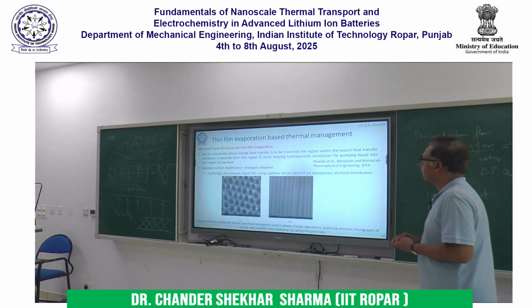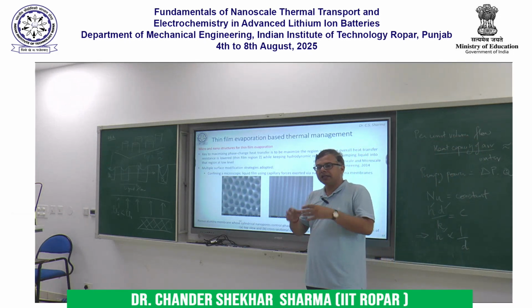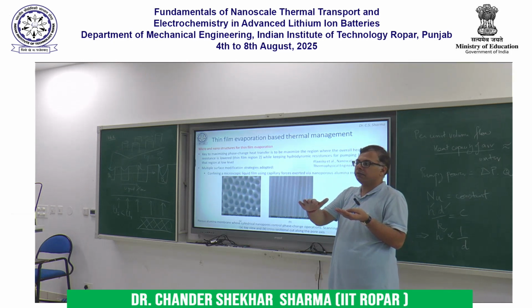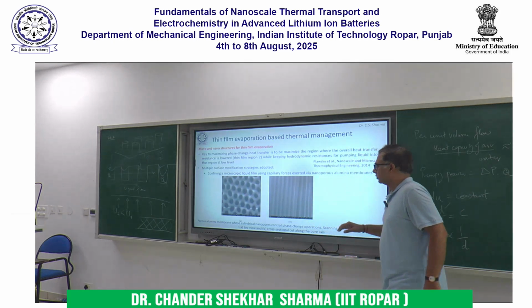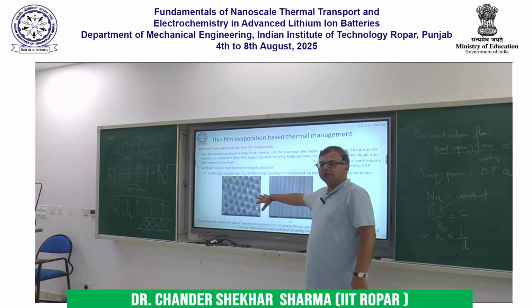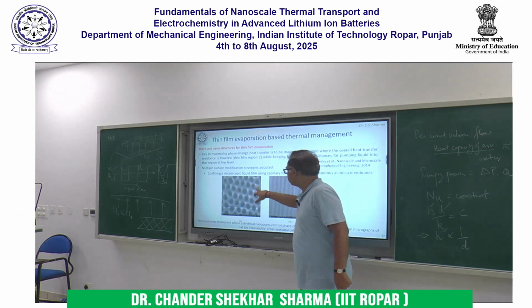And that is done through micro and nano texturing. So either you make separate wicks or you micro or nano texture the surface of the device. So for example here you have the nano texture. What we see here are these holes.